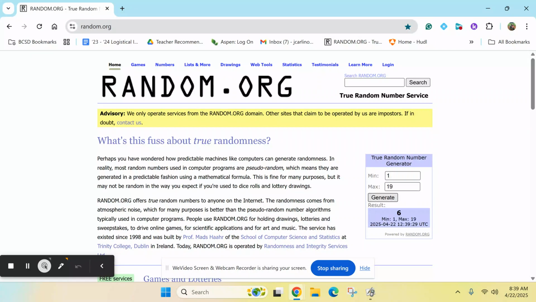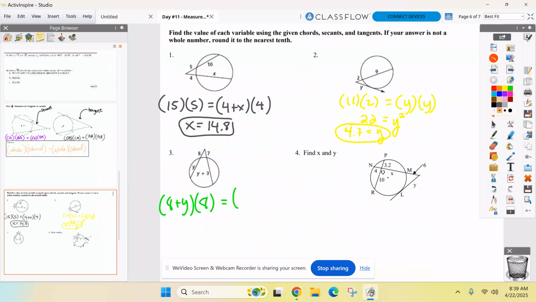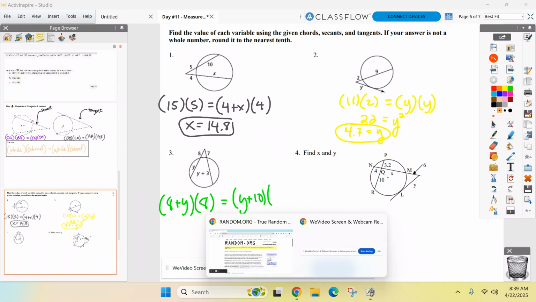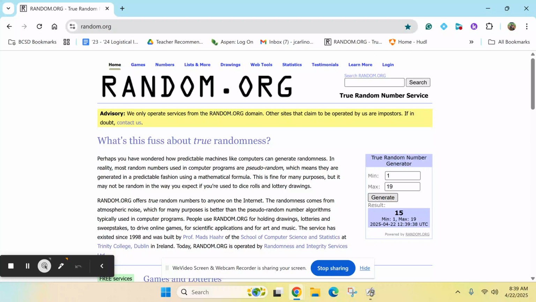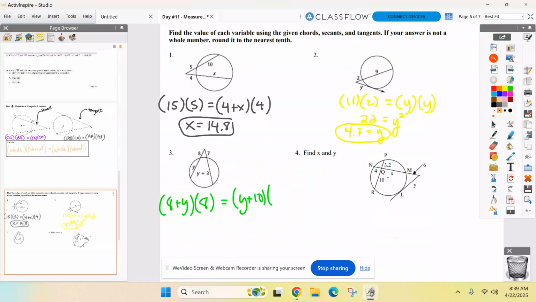All right, new one there. Y plus 10. And how about its external part? What are we going with that one there? Zoe, back to you. 7. Good work, everyone. Take your time with your distribution.